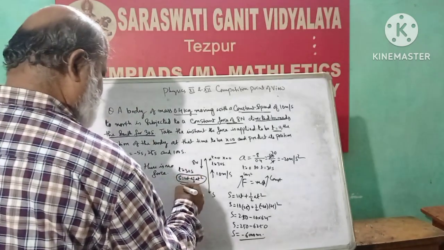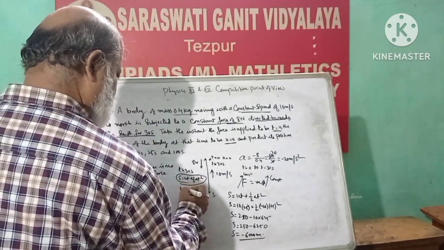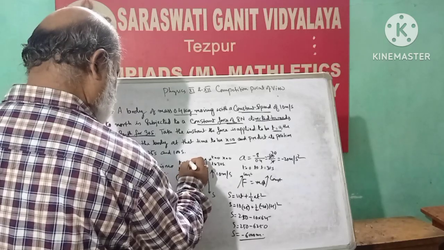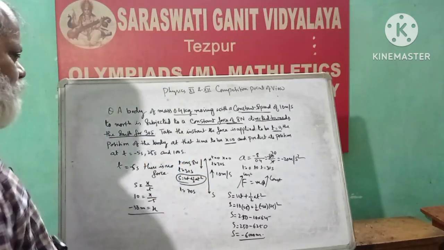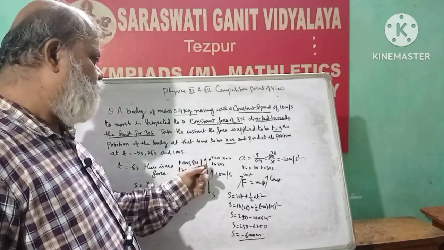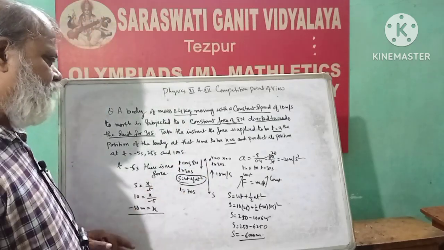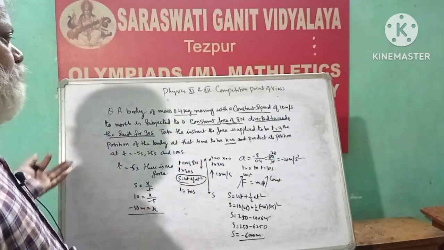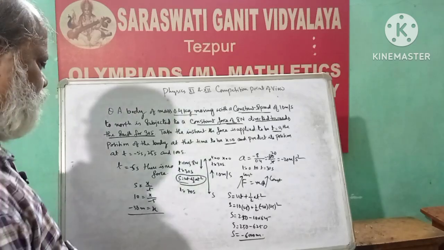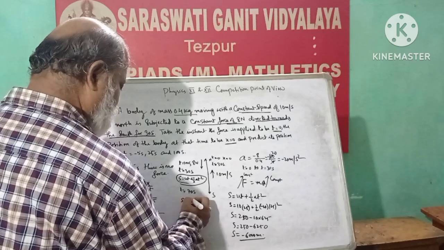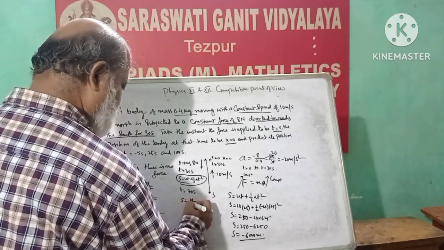So after 30 seconds, that is 70 seconds, this is for t is equal to 100 seconds. Up to 30 seconds you can use this formula because acceleration is constant. But after 30 seconds there is no force, that means it is moving with constant velocity. So you can use the formula, speed is equal to distance by time.